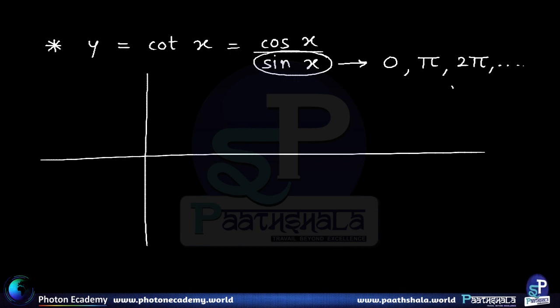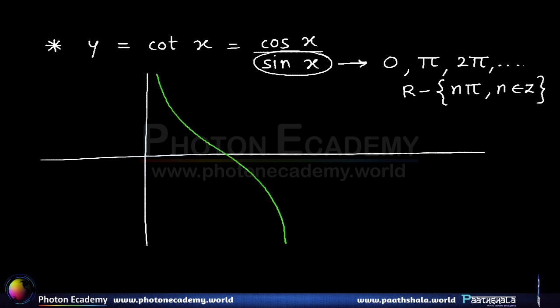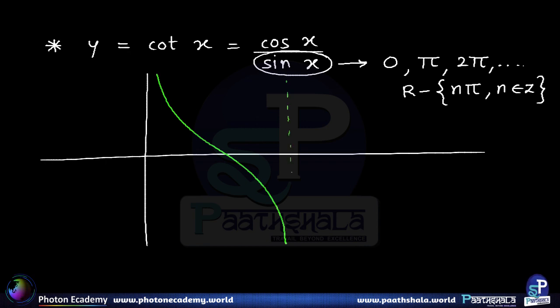So at integral multiples of pi, the cot will not be defined. That means we have to remove the integer multiples of pi. That will give us the domain. Okay? So the graph of the function looks like a descending graph. The tan was having ascending structures.